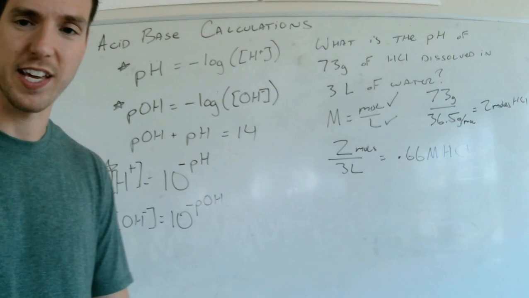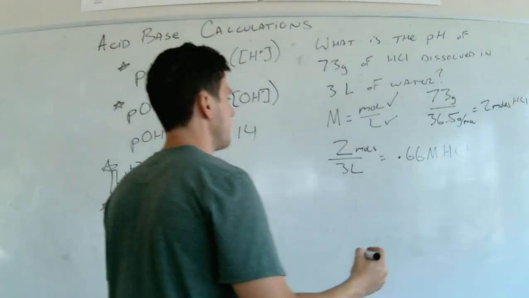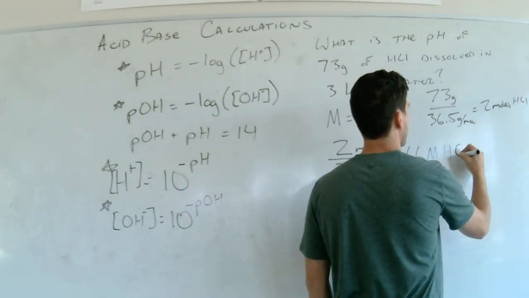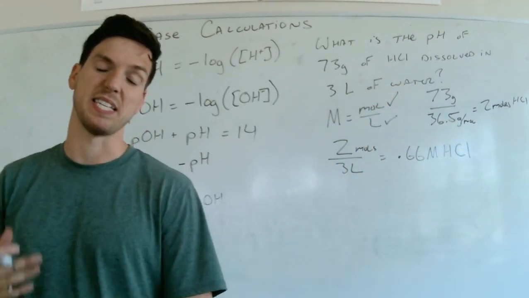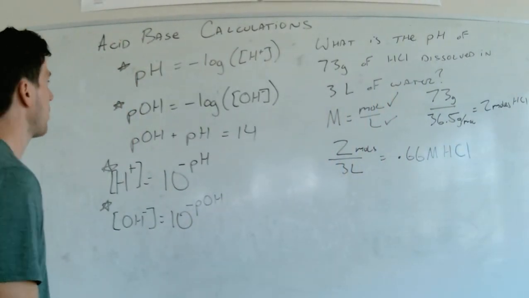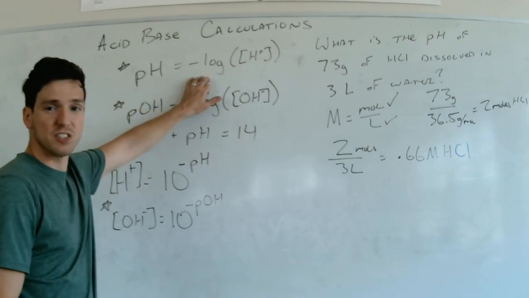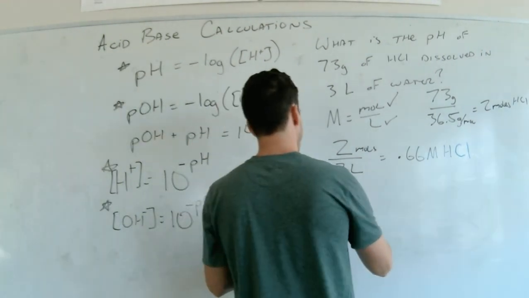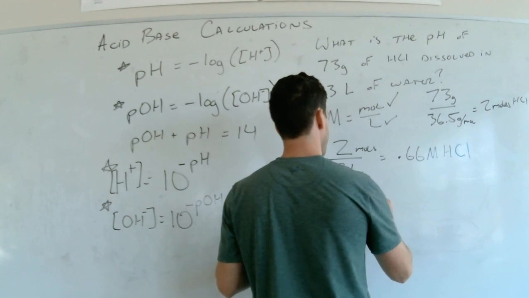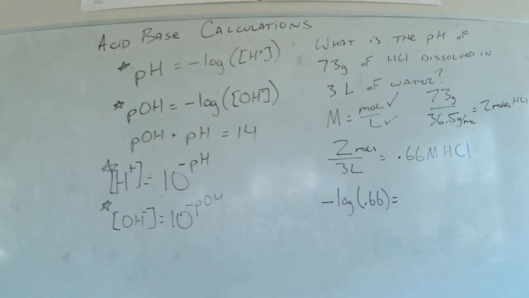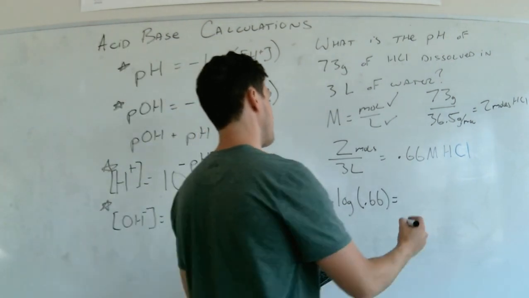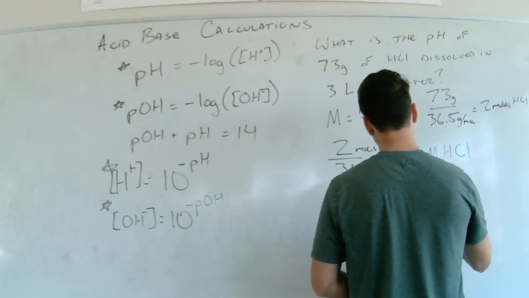Now if I asked for the concentration of acid, we would be good to go, but I'm not asking for the concentration of acid, I'm asking for the pH of the acid, right? So all I have to do now is negative log my concentration of the acid, and I'll get my pH. So let's negative log 0.66, and we get a pH of 0.18.